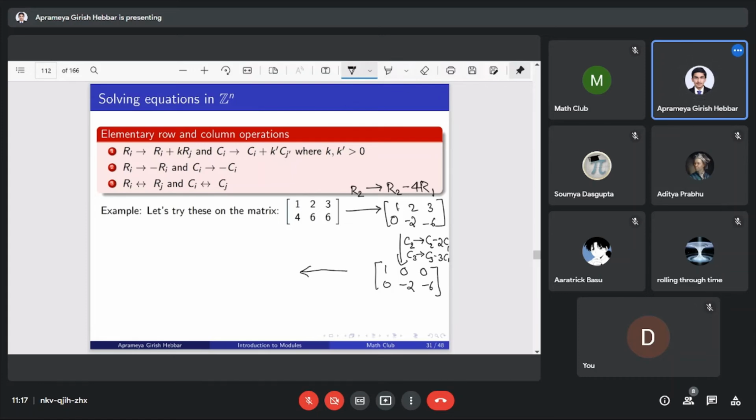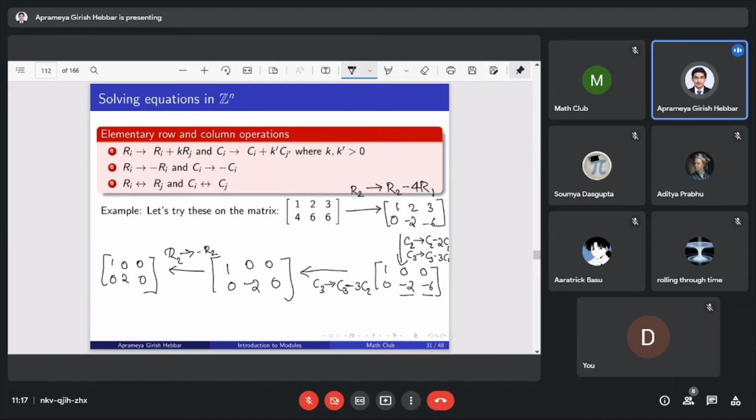And finally, you have minus 2 here and minus 6 here, so you can turn C3 to C3 minus 3C2, again operation 1. That would zero out this whole column: 0, 0, 0, minus 2, 0, 1. And finally you can turn R2 to minus R2, and that would make 1, 0, 0, 0, 2, 0.